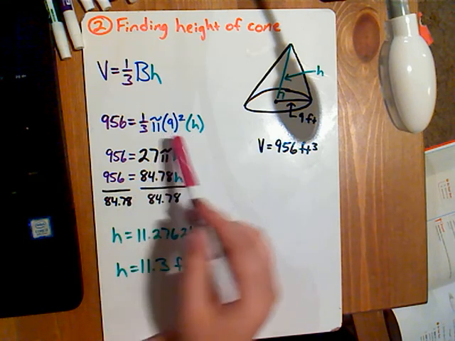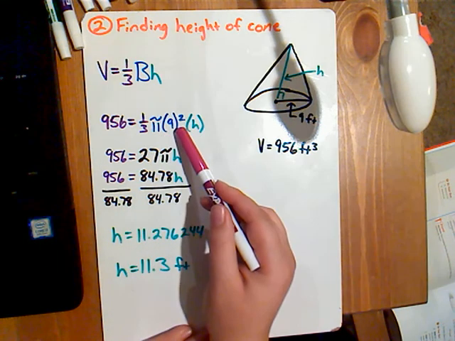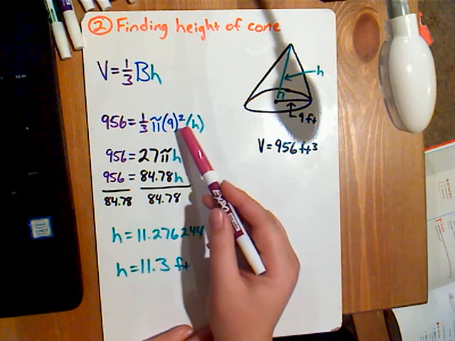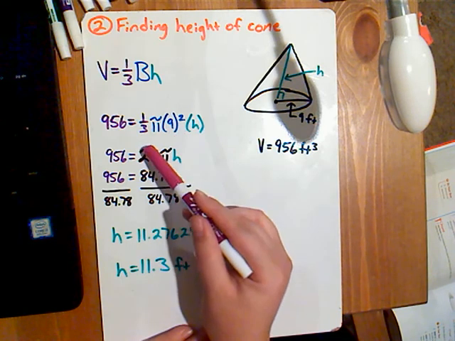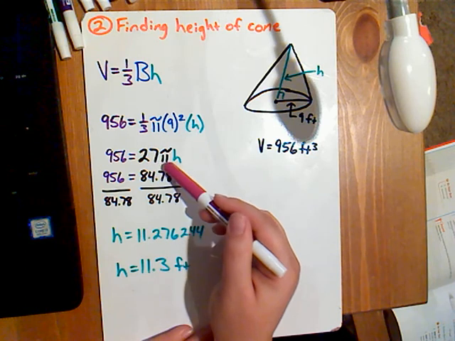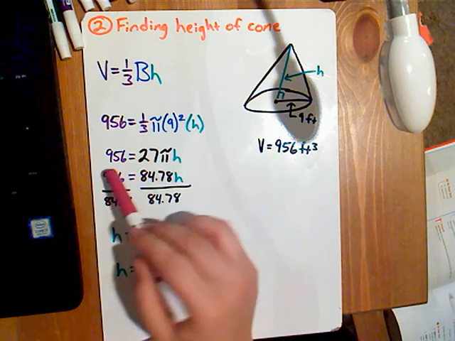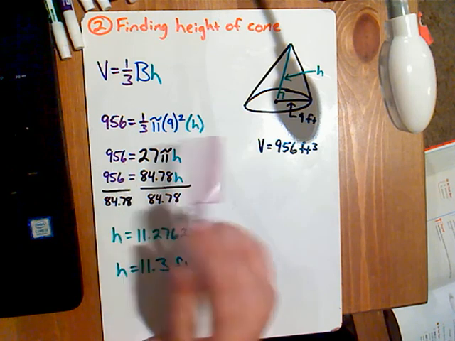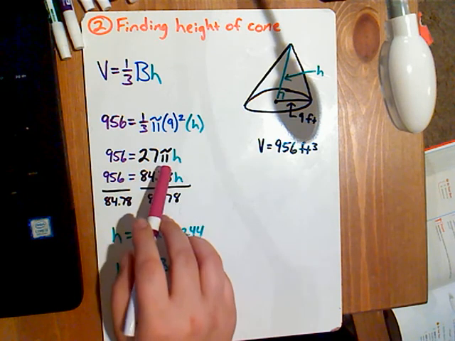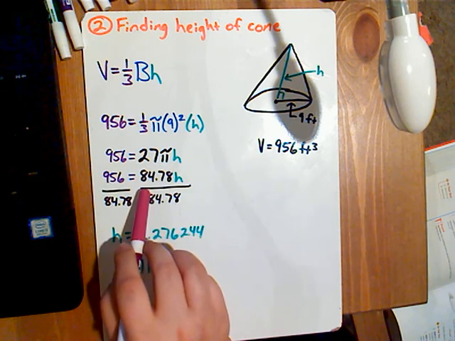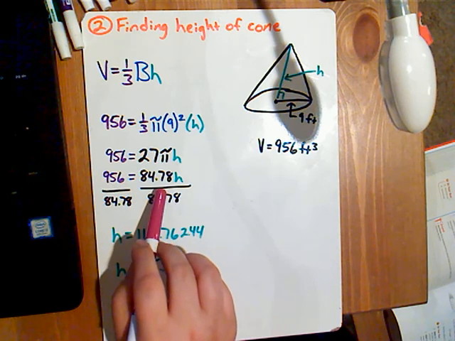So 9 squared, 9 times 9 is going to be 81. Divide by 3 gives us 27 pi times the height equals 956. 27 times 3.14 is 84.78.